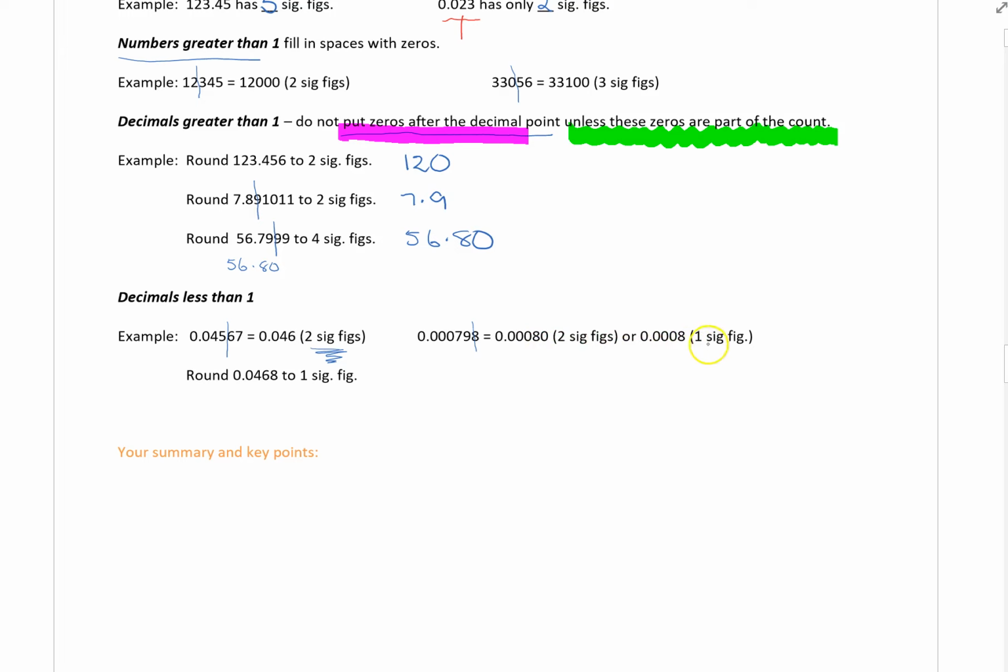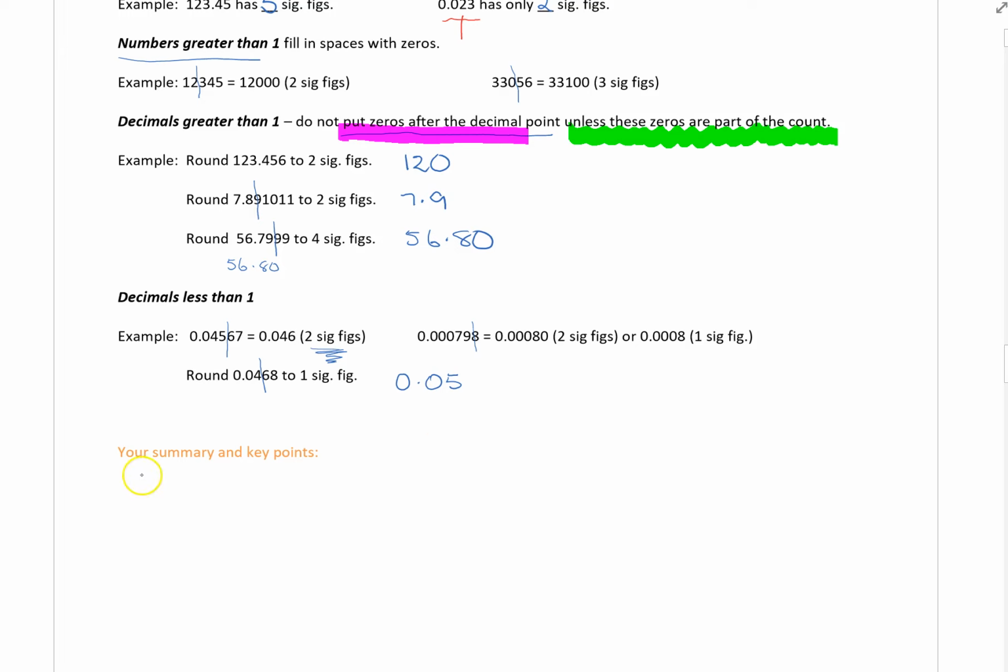However, if we were instructed to go to 1 sig fig, we could drop that last 0 off. And rounding this final number to 1 sig fig means we will cut off there. The 6 will impact on the 4, round it up, which means we must increase it by 1. So to 1 sig fig, that rounds to 0.05.